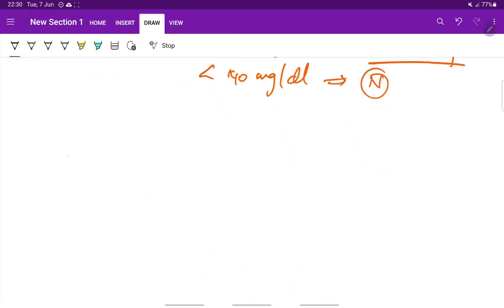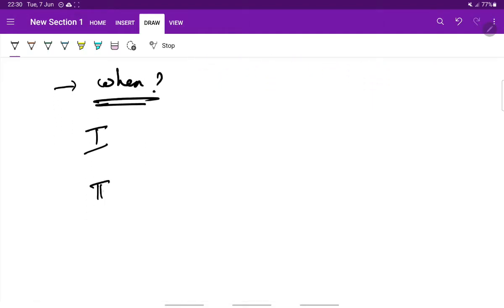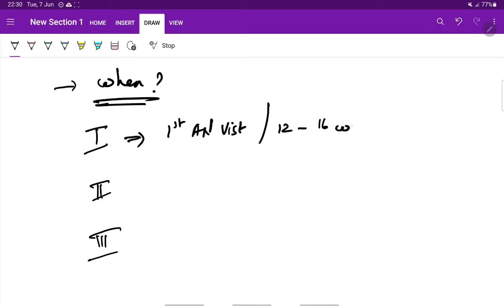And now there comes a question, when to do this test. For this the answer is, this is done 3 times. The first time is when the antenatal woman comes for the first antenatal visit, or between 12 to 16 weeks of gestation.